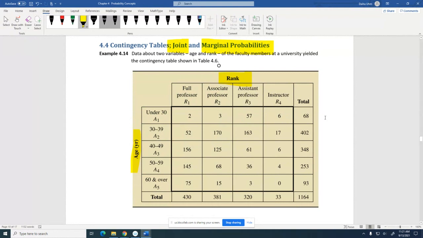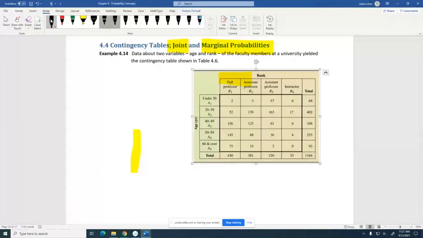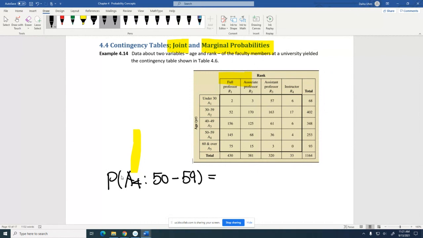I'm 50. So if I want to ask you what is the proportion A4, the age group A4, between 50 and 59, I need the probability A4. From the table, how many faculties are in the group A4?